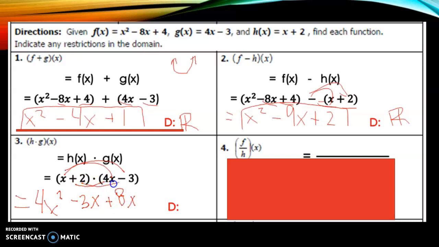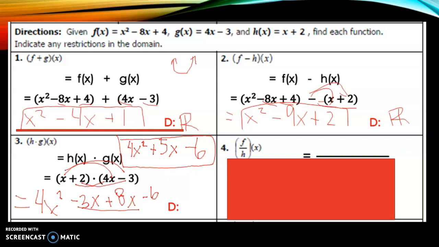And lastly, 2 times negative 3 is negative 6. So really, our final answer, we got to combine like terms. Final answer, 4x squared plus 5x, because negative 3 plus 8 is positive 5, and minus 6. There is our final answer.